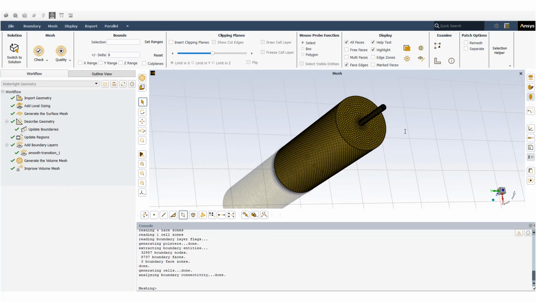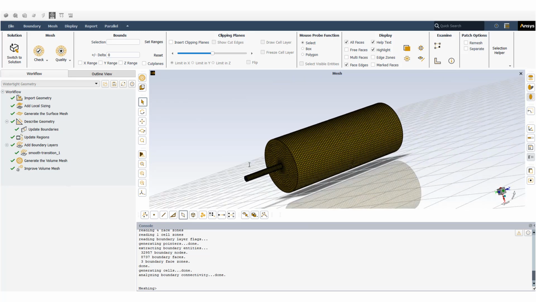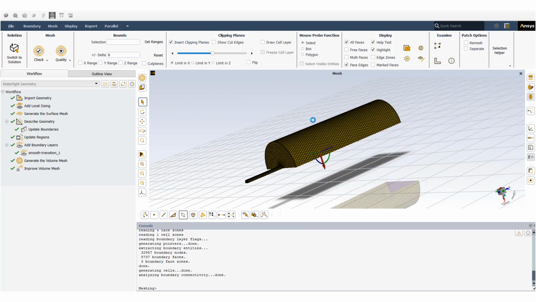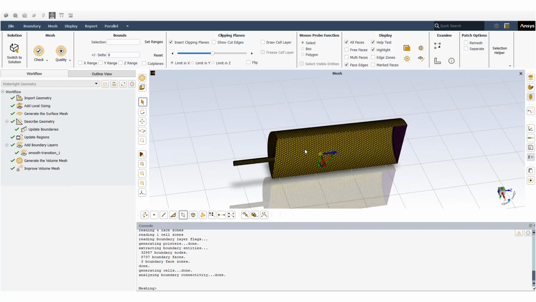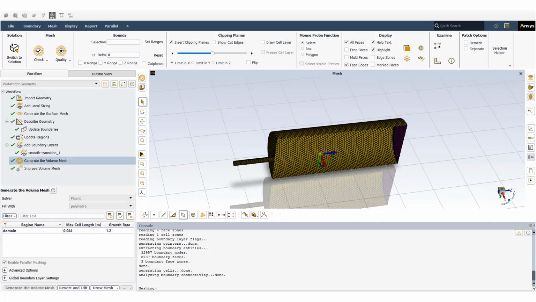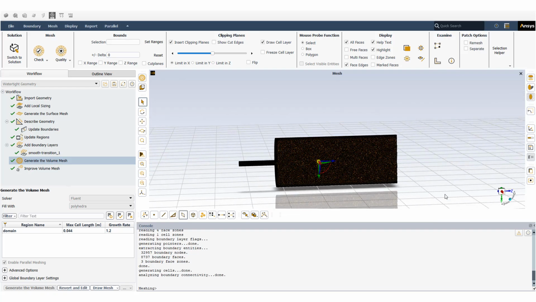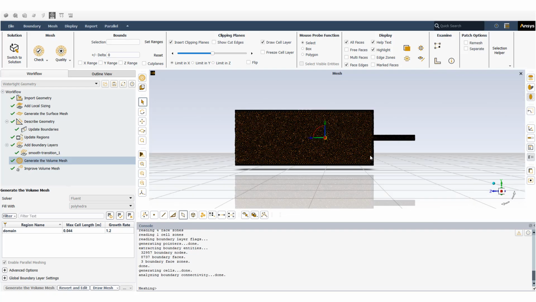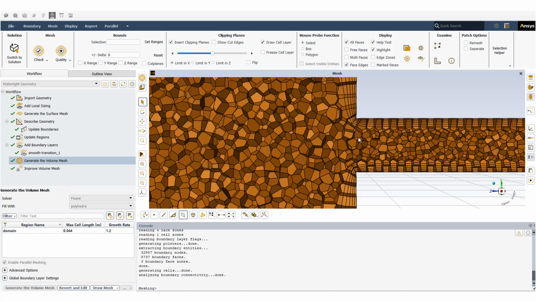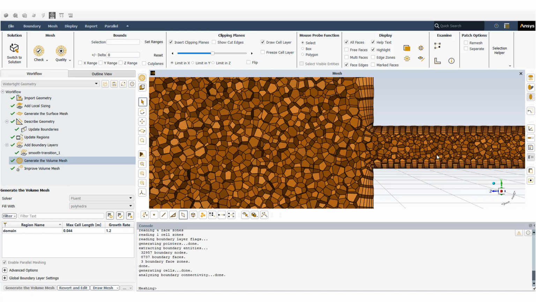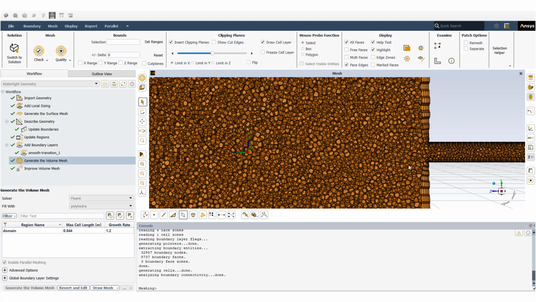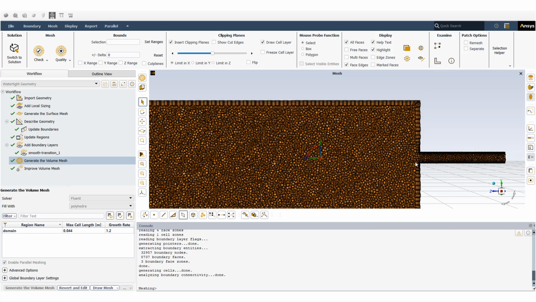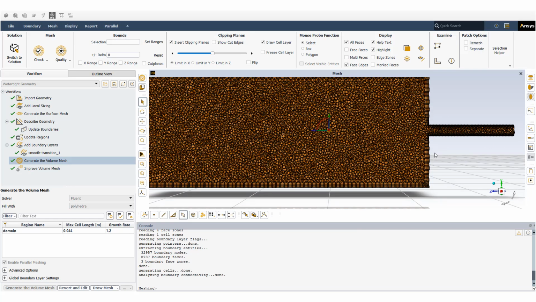This is the mesh. We use the same setup for the meshing, and if you look at the volume mesh, you can see the smaller pipe, this larger pipe, boundary layers, and we use polyhedral meshes.